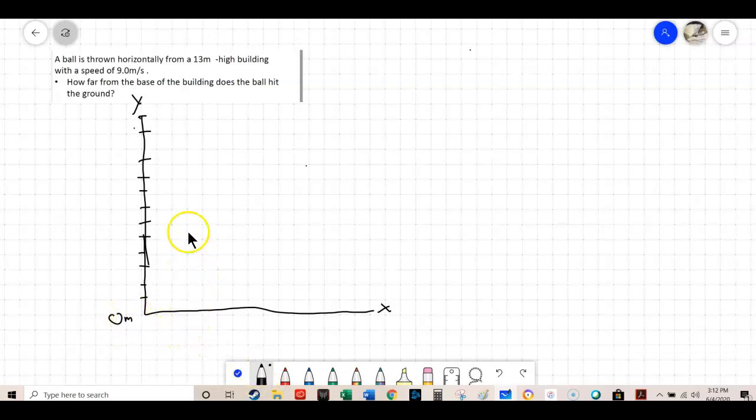Okay, so a ball is going to be thrown horizontally at a speed of 9 meters per second. So we're going to say this has got a huge initial velocity. So it'd be 1, 2, 3, 4, 5, 6, 7, 8, 9.